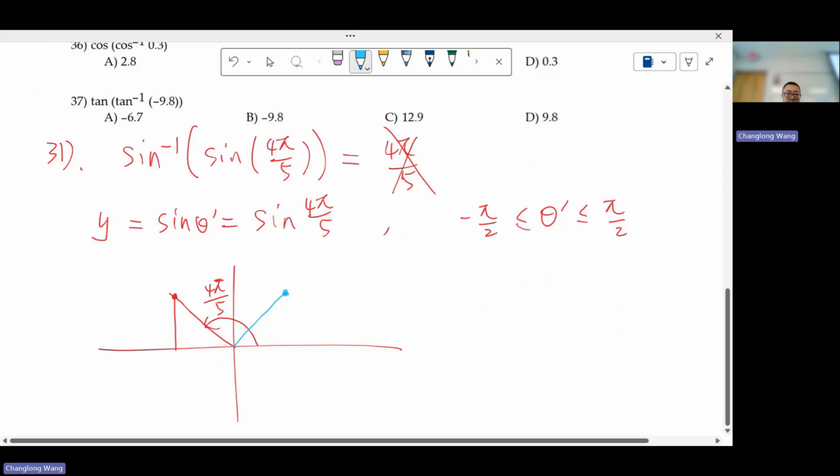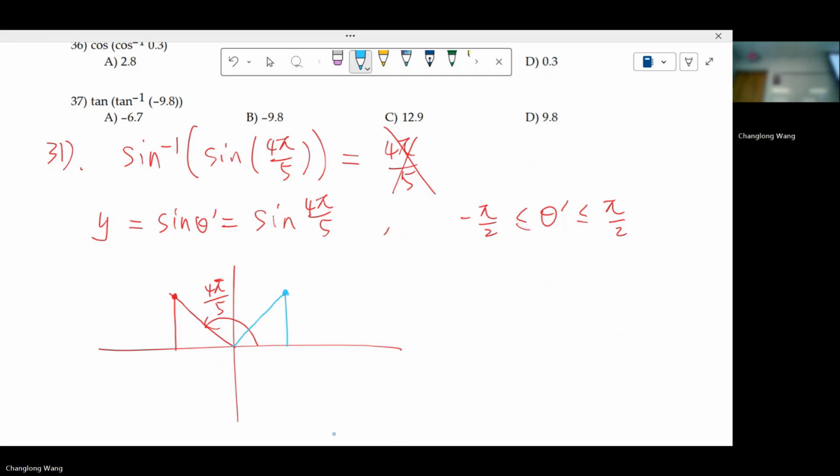All right, so basically I decided to draw this blue terminal side as if it's the red one reflected off the y-axis. Okay, that will make sure that they are at the same exact vertical level, right? So that the y here will be the same as the y over there. So now the question is, how much is this angle? And that's what we call theta prime.